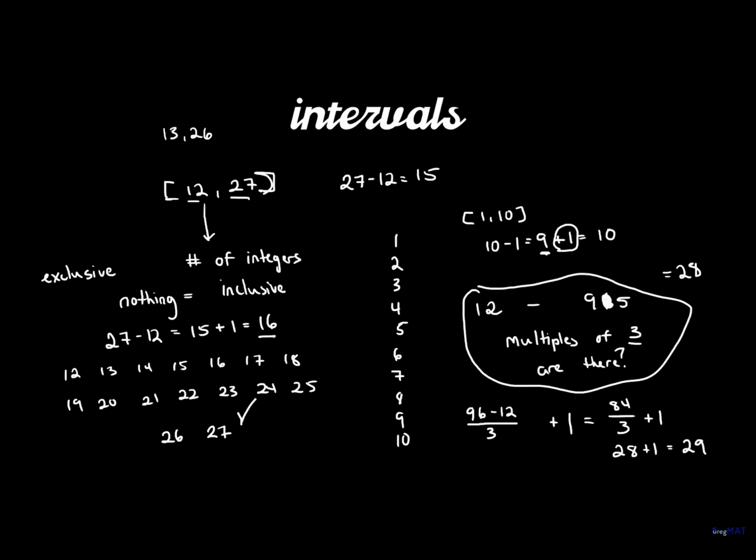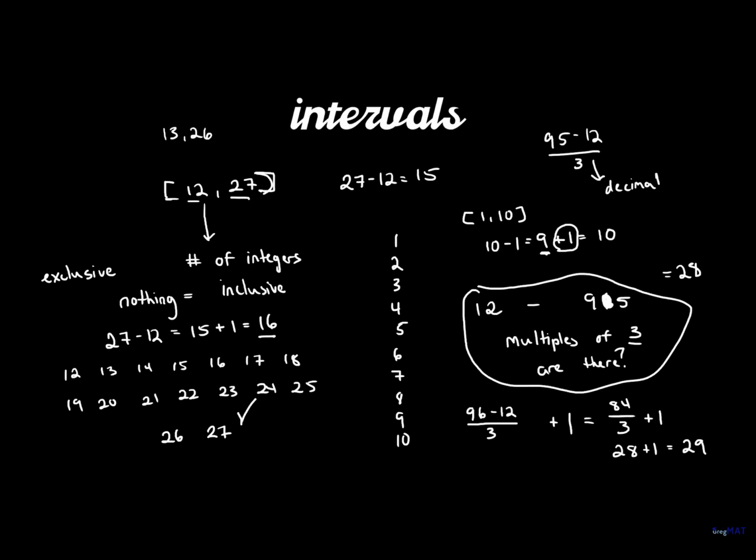So it's not the same, okay? If you do 95 minus 12 divided by 3, this is going to be a decimal. And if it's a decimal, we're not dealing with integers, right? So this is not correct. What you have to do is find the last multiple closest to 95. That's your job.